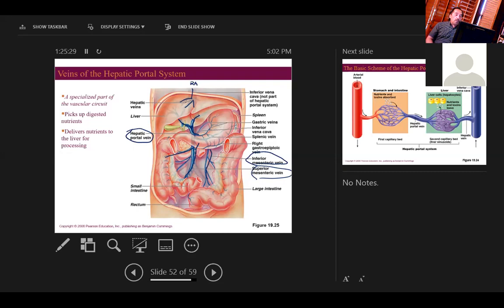Okay, so the hepatic portal system also explains why people who drink alcohol would have liver cirrhosis. Because guess what? The alcohol is going to be absorbed by the superior and inferior mesenteric vein. It's going to go to the hepatic portal vein, and then to the liver, and the liver will detoxify most of the alcohol.